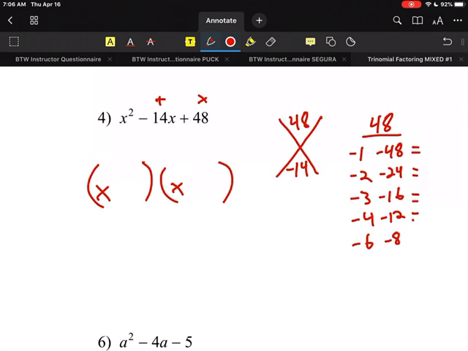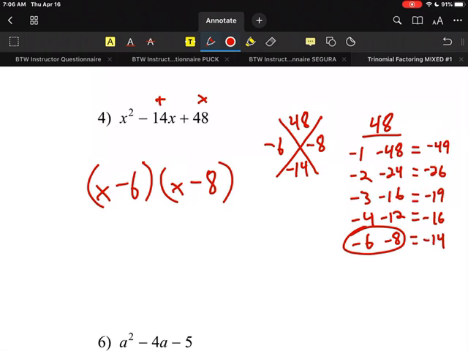So we just add them up, okay? This one is negative 49, doesn't work. This one is negative 26, doesn't work. This one is negative 19, doesn't work. Negative 16 doesn't work. Negative 14, oh, found it. Bingo. Okay, so negative 6, negative 8, those are the answers you put in here.